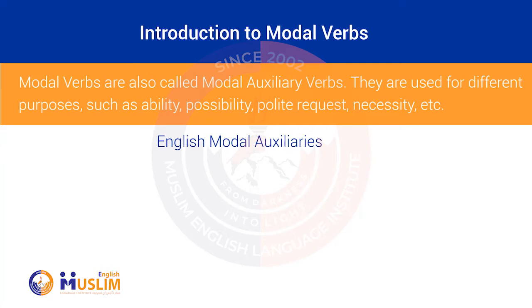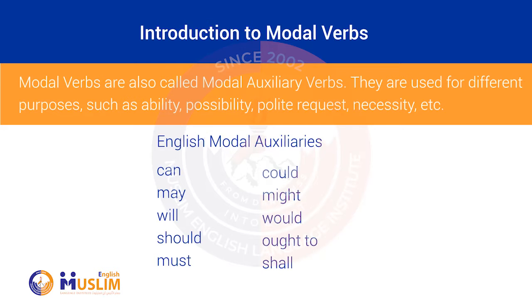In English grammar, we have got 10 modal auxiliary verbs: can, could, may, might, will, would, should, ought to, must, and shall.